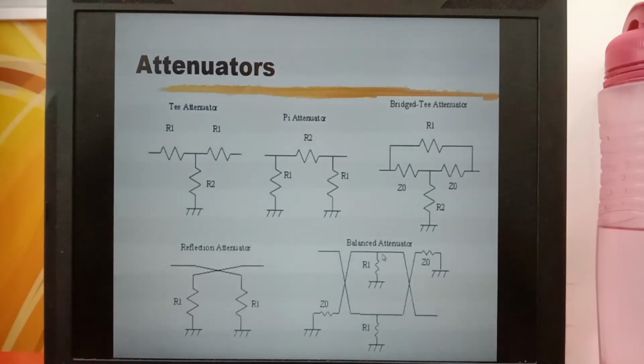And the signal that is transmitted will add up at the output. So if there are more reflections due to mismatch of R1, we will get higher attenuation or lower power at the output.